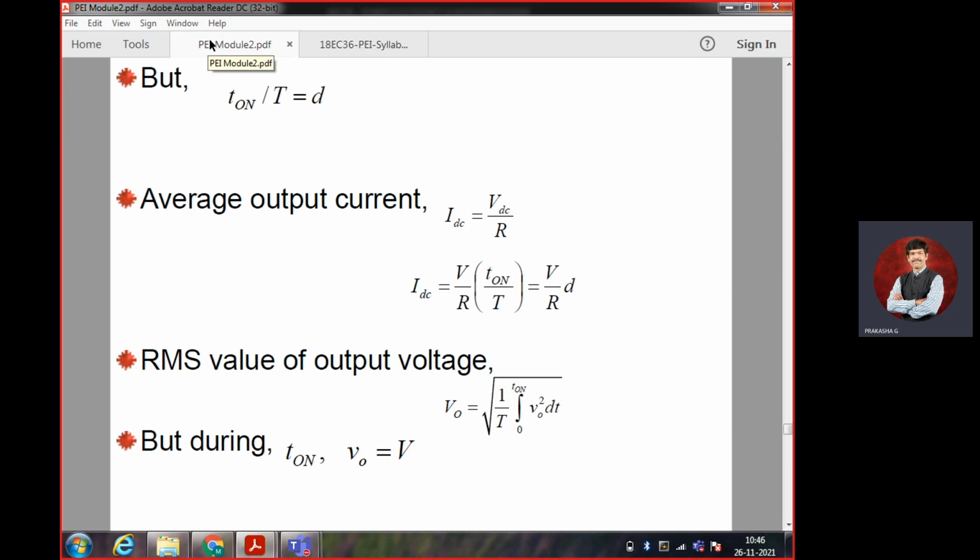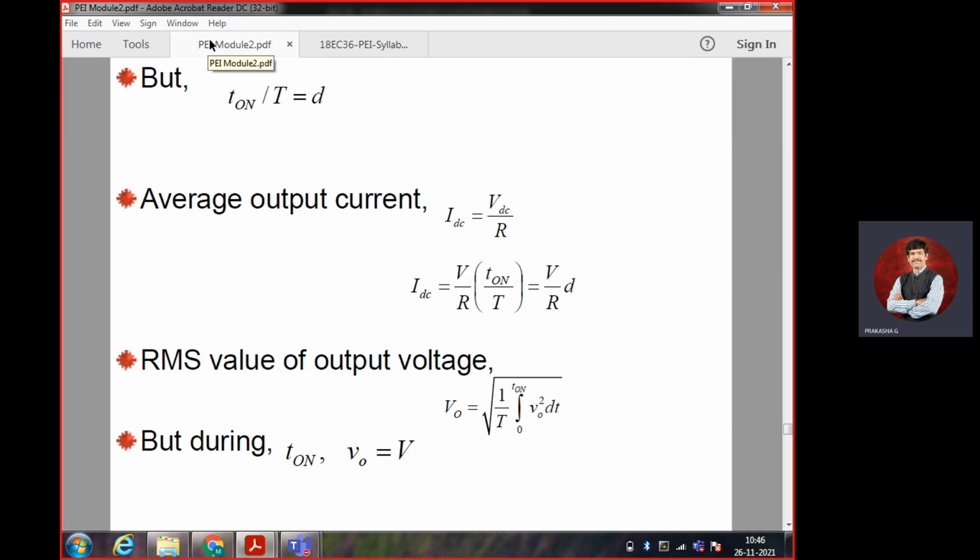Okay, RMS value, which has been given. IDC is equal to V by R into T-on by T, where T-on by T is delta.